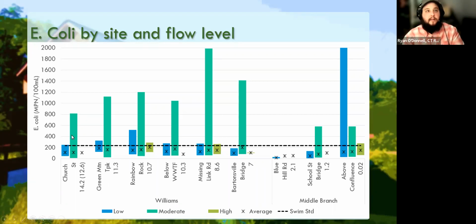But the moderate level could be either wet or dry, so we see both really low numbers and really high numbers. But you can see the average is these stars, and overall the averages at any flow level, even high flows, tend to be below the swimming standard.